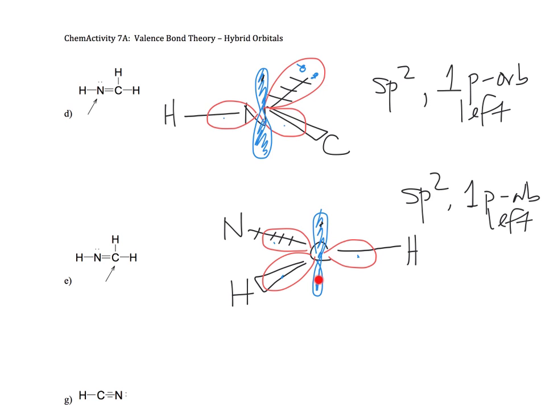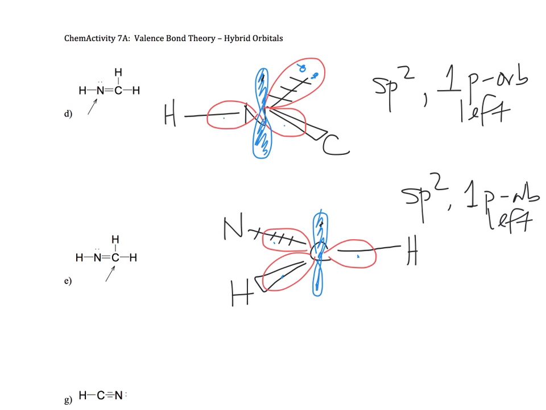Recognize that this p orbital and this p orbital are parallel to one another, which is going to allow them later to form a bond. This sp2 orbital is pointing right at this sp orbital, and that's going to allow them later to form a bond.